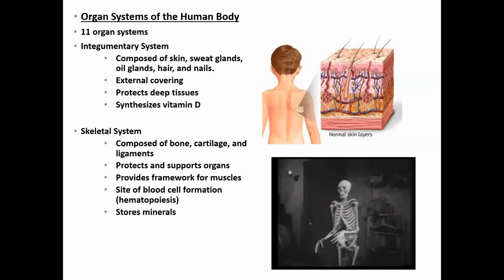And then something else that our skin does for us is it makes vitamin D. Vitamin D is absolutely essential for allowing us to absorb calcium in our diet. And while this sounds like a commercial for milk or something, vitamin D is what we use to maintain high levels of calcium in our bone and for our nerves and muscles.